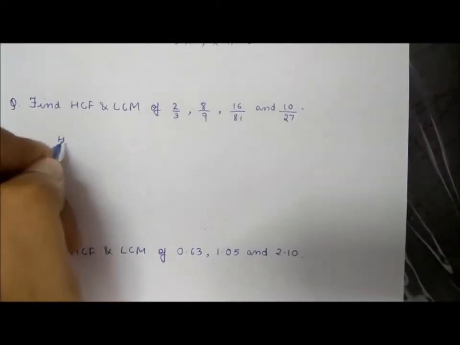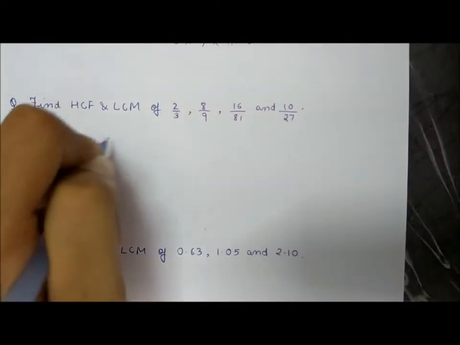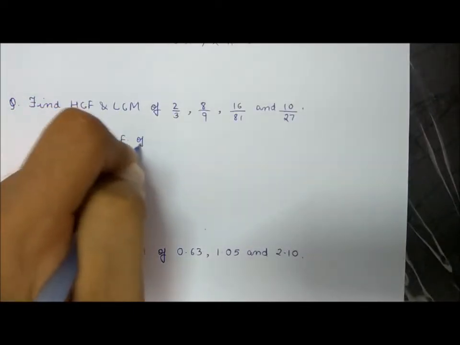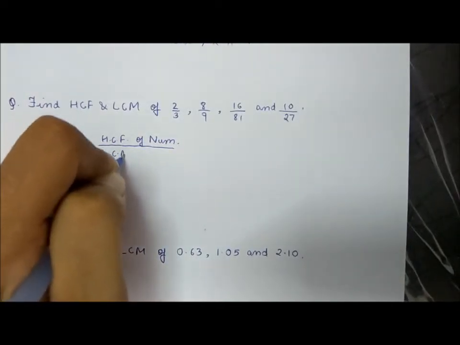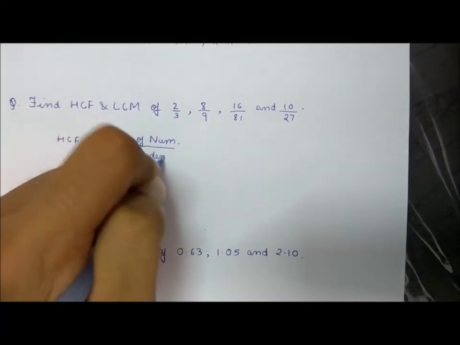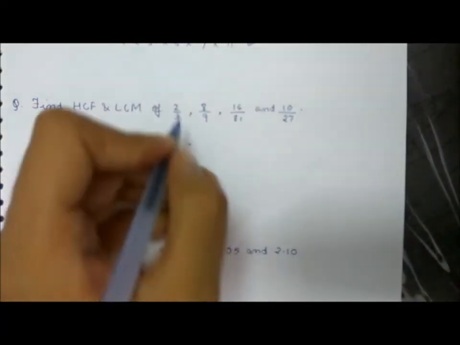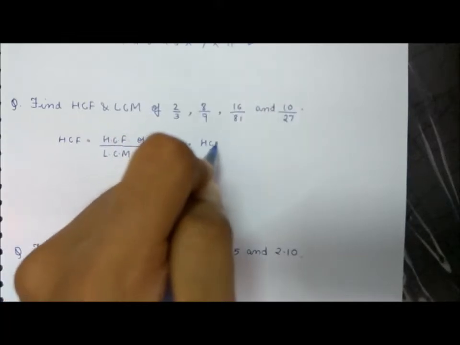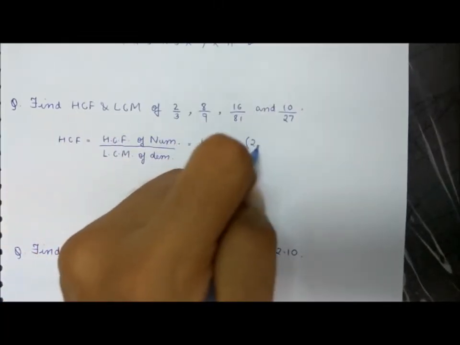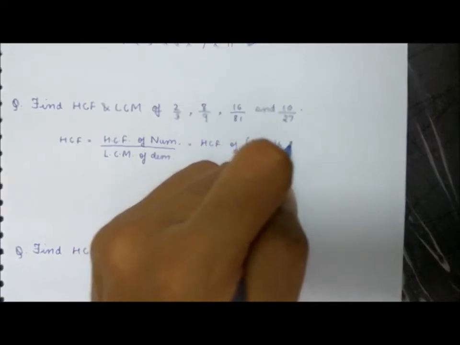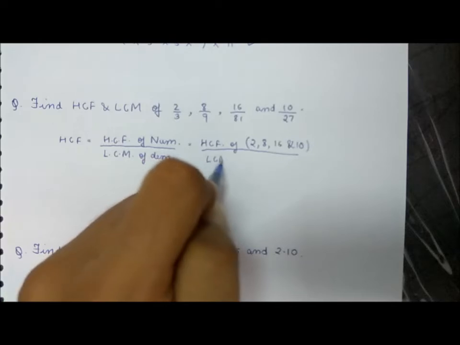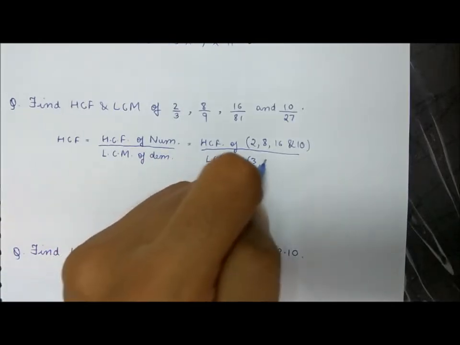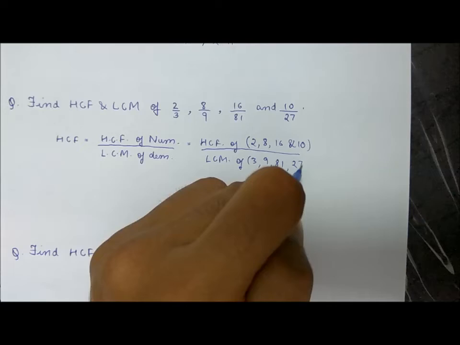For HCF, we write it as HCF is always equal to HCF of numerators divided by LCM of denominators. Hence, the HCF of numerators in this case would be HCF of 2, 8, 16 and 10 divided by LCM of 3, 9, 81 and 27.